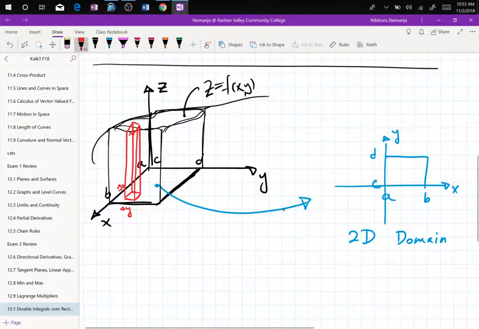So we should have two squiggly lines for it, two integral lines, and then one belongs to dx, one belongs to dy. So that's why we call it a double integral.